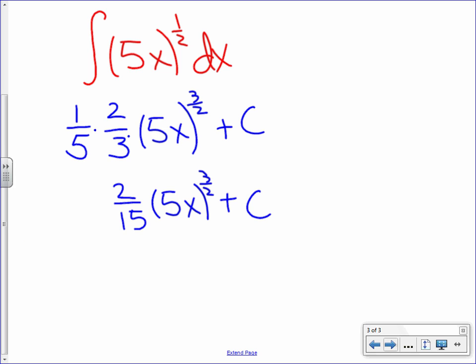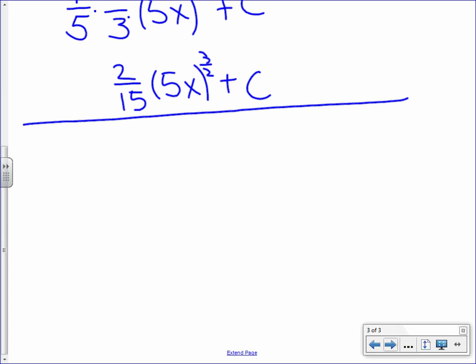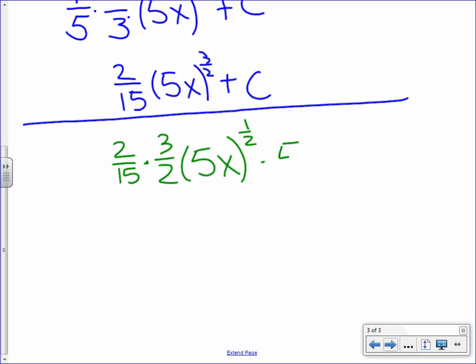Okay, well, let's check our work. Derivative, we would take 2/15 times 3/2 times 5x to the 1/2 times 5 for the chain rule. So that would be 1/5 times 5, which is 1.